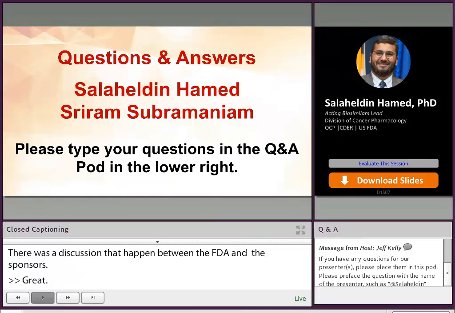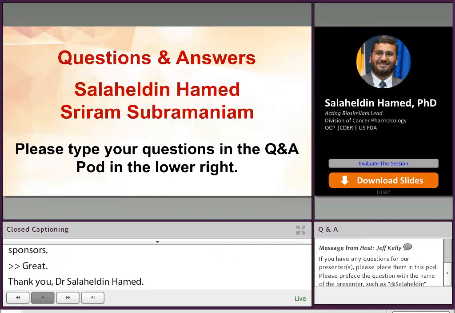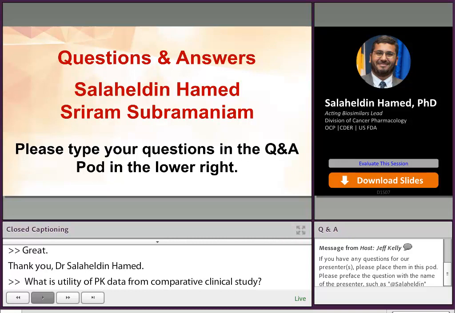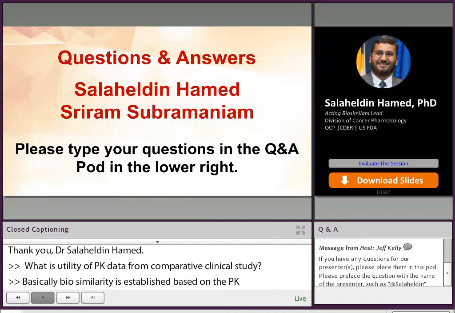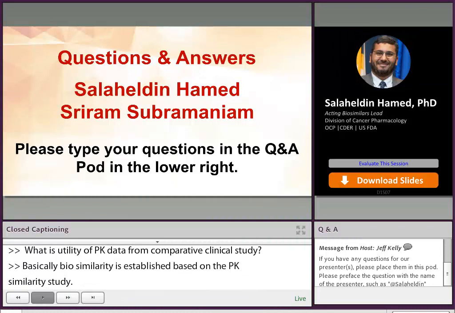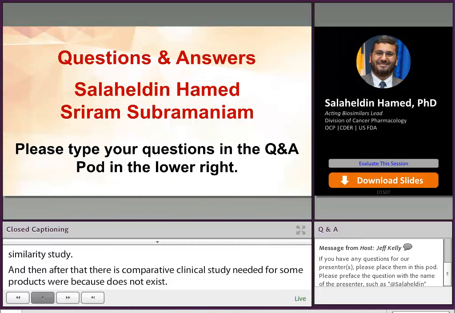Yes, so basically biosimilarity is established based on the PK similarity study. And then after that, there is a comparative clinical study that is needed for some products where a PD marker does not exist. In that study, the objective is to show the equivalence between the proposed biosimilar and the reference product. And in these cases, PK is collected for exploratory purposes.